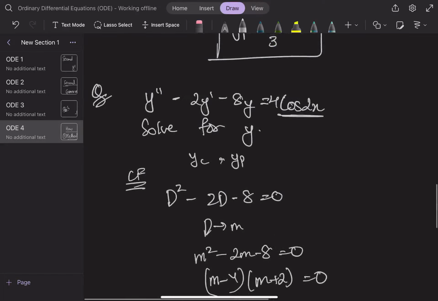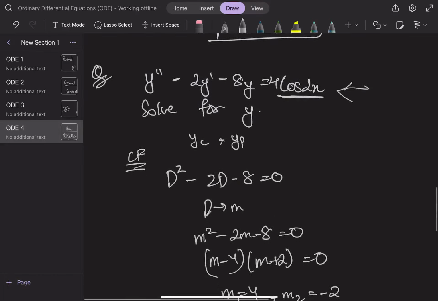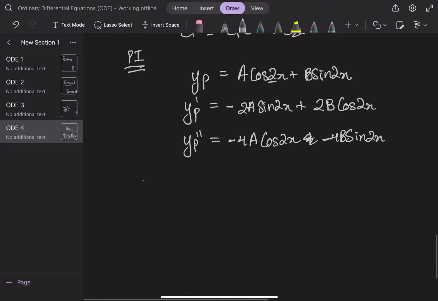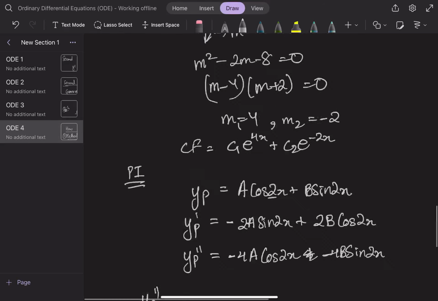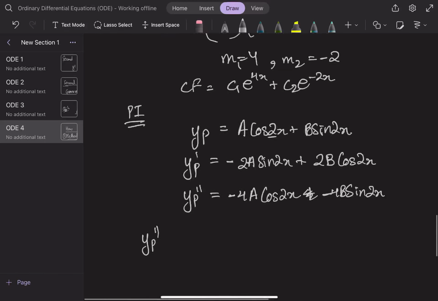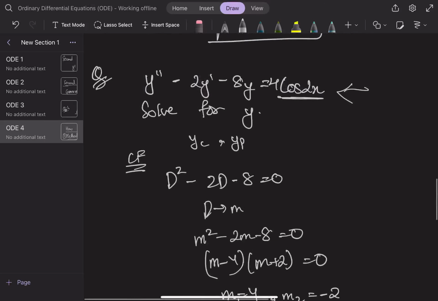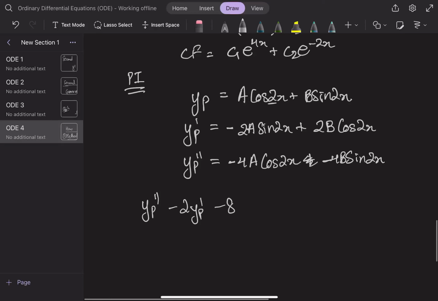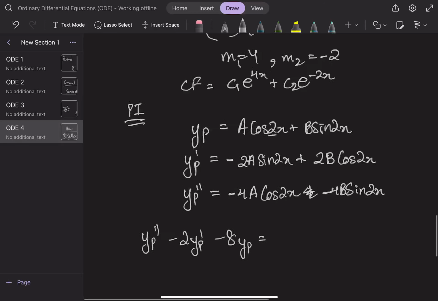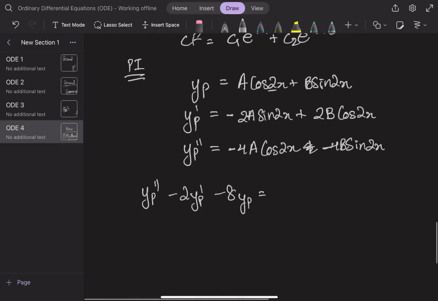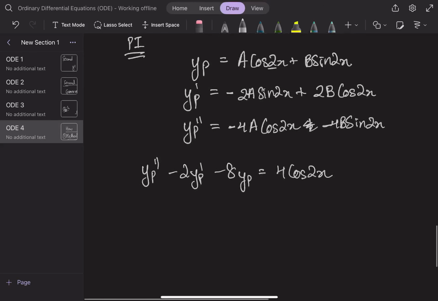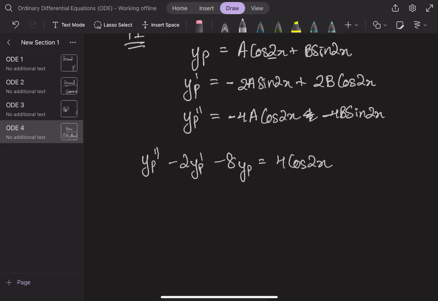So now we have these three. We're going to plug them into this equation. The equation is yp'' minus 2 yp' minus 8 yp is equal to 4 cos 2x. Now you need to be very careful when you're writing these equations. So what do you get?